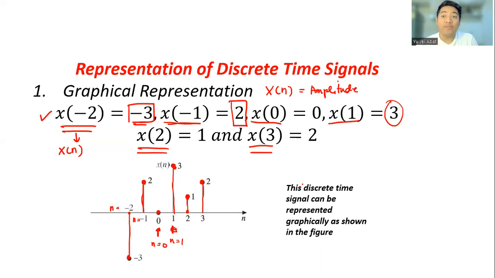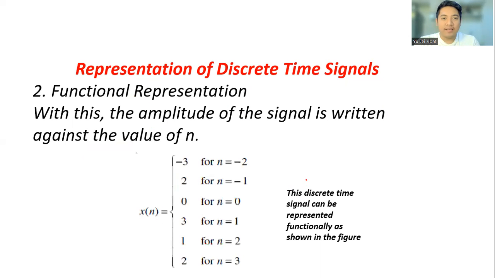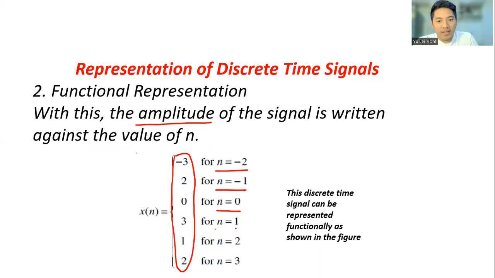So that's one way of representing discrete time signals. Number two, we have functional representation. With this, the amplitude of the signal is displayed for every value of x of n, for the corresponding position n on the axis. So the amplitude of the signal is written against the value of n, which means its function is x of n, with the values of the amplitude here.